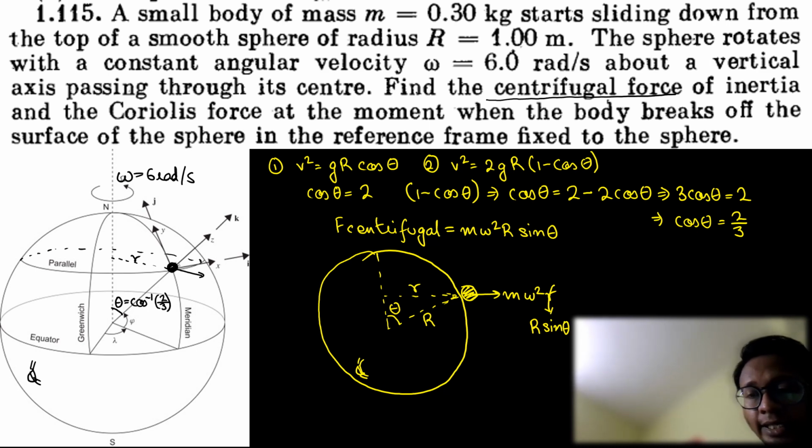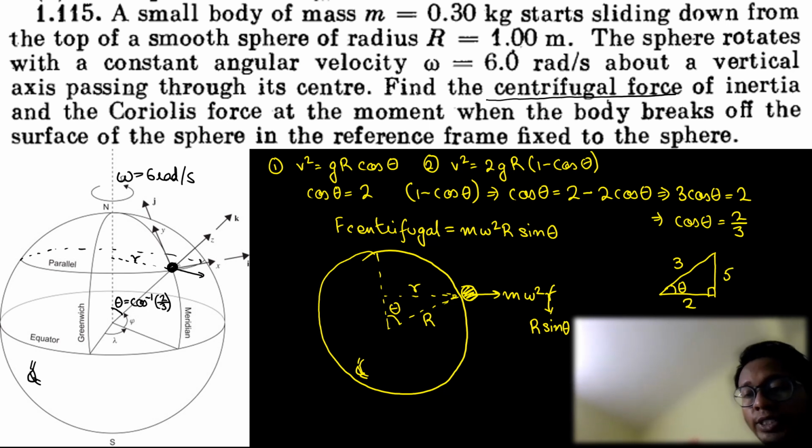So what is sin theta? If you simply draw theta, cos theta is nothing but base by hypotenuse, so 2 and 3. If you apply Pythagoras theorem, 3 square minus 2 square is equal to 9 minus 4, which is equal to 5.